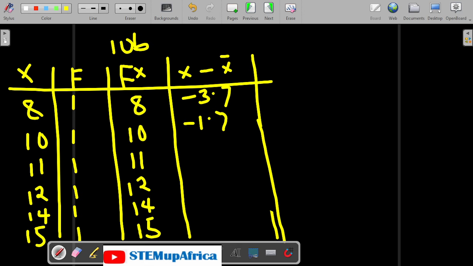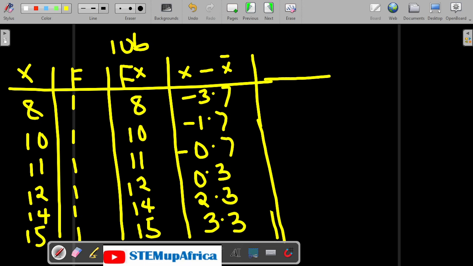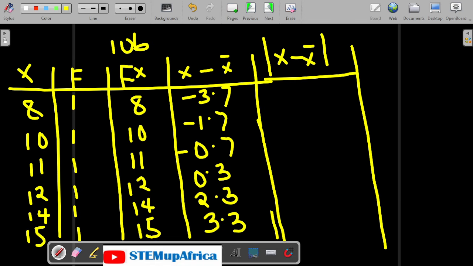11 minus 11.7 will give us minus 0.7. 12 minus 11.7 will give us 0.3. Then 14 minus 11.7 will give us 2.3. 15 minus 11.7 will give us 3.3. So I still need to get the absolute value of x minus x bar. The absolute value means those that are negative, you convert them to positive; positive remain positive.